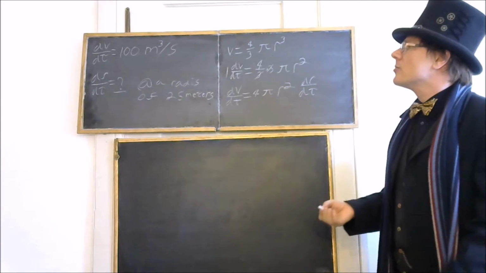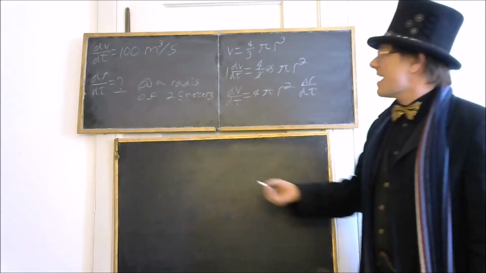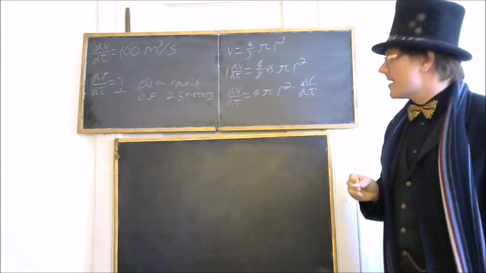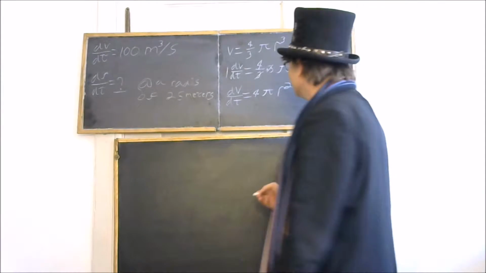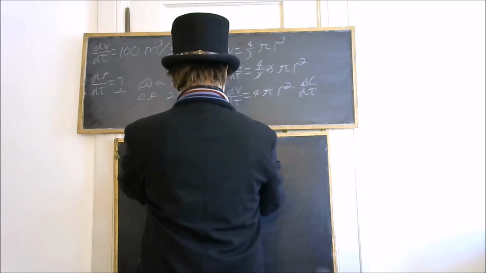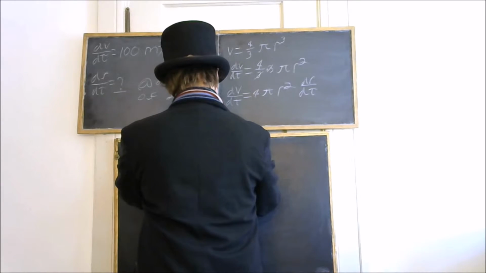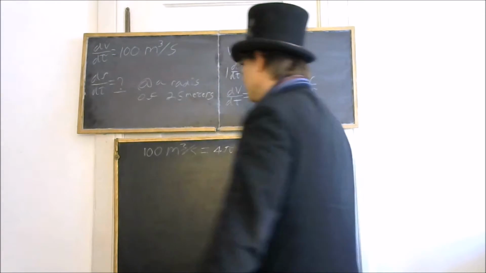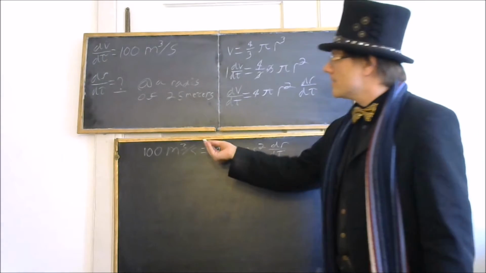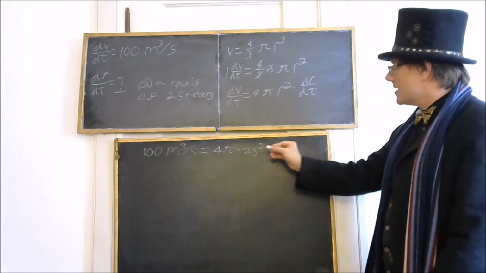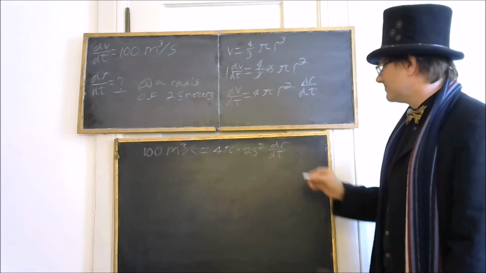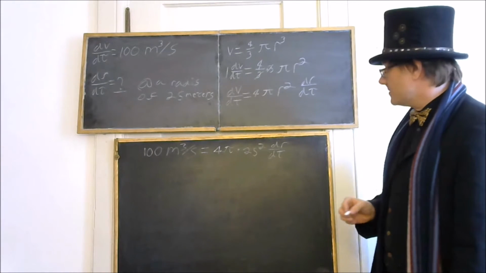We're looking for the rate of change of the radius at a radius of 25 meters. So the radius will be 25 meters. So we have 100 cubic meters per second equals 4 pi times 25 squared dr over dt.